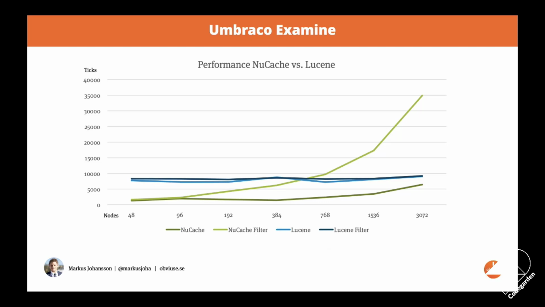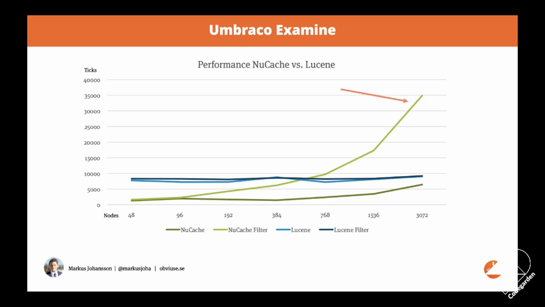Then it starts to get slower and slower all the time. The more items, the slower the cache would be. And as you can see, the blue lines, Lucene, it's actually slower than new cache when there's few items, but it's consistent along the way. So when your data grows, Lucene will still be a fast option.